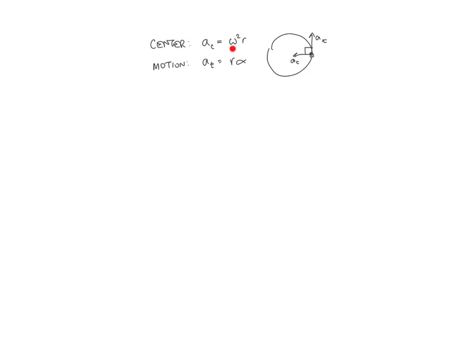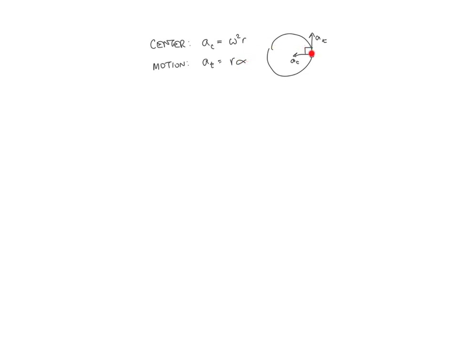But the angular velocity, this omega, is gradually building up over time. So when the carousel first starts moving, this omega is a very low value, which means the centripetal acceleration is going to be very low. Initially, the AT is going to be much bigger than the AC, so it's primarily in the direction of her motion. But after 10 seconds, remember the carousel stopped accelerating at the 8-second mark, so it no longer has tangential acceleration since the angular acceleration has become 0.